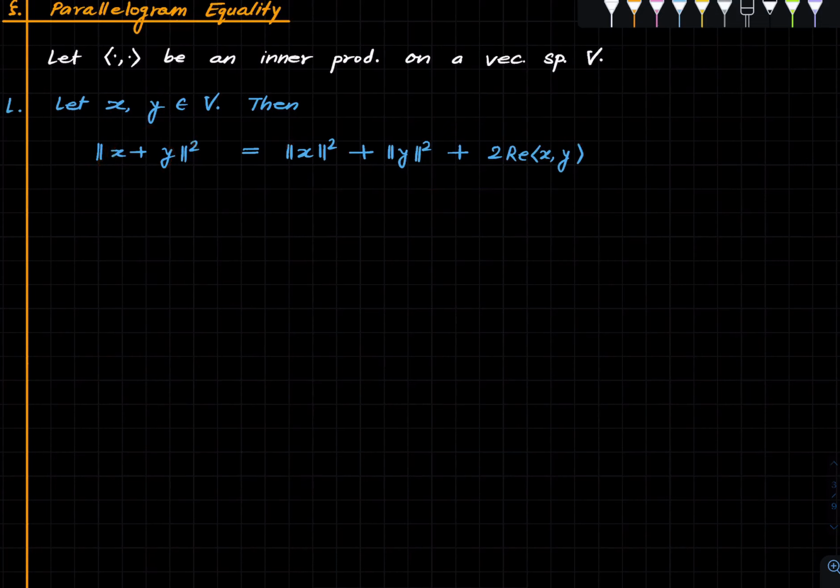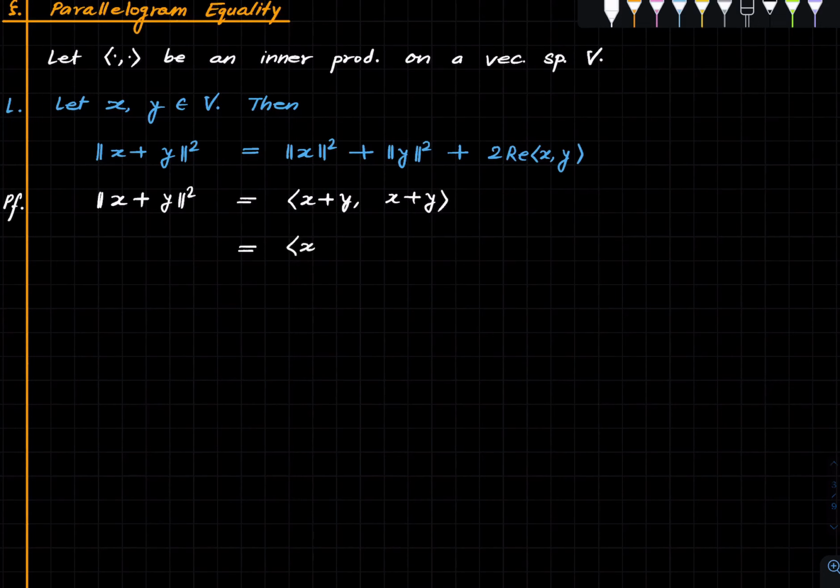So let's just quickly prove it. Norm squared by definition is the inner product of x plus y with x plus y, which is, you just expand out.